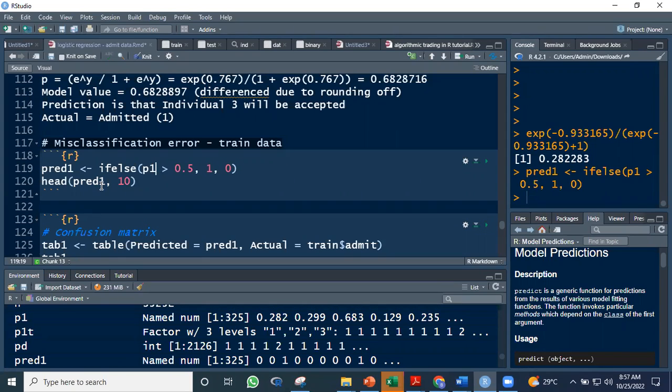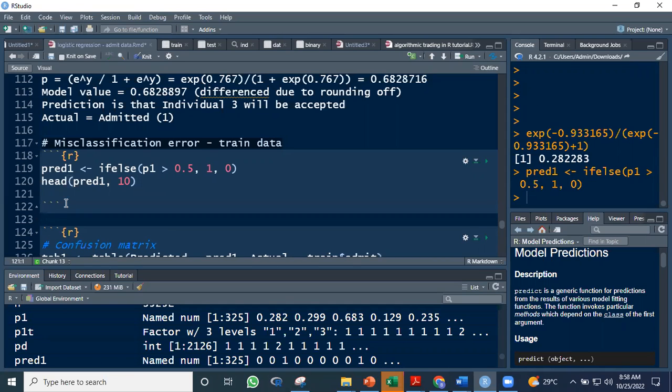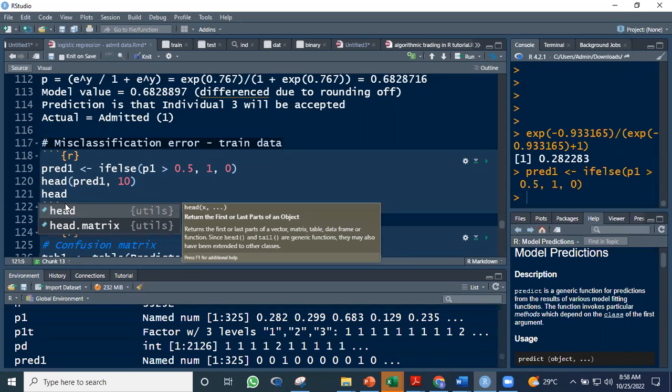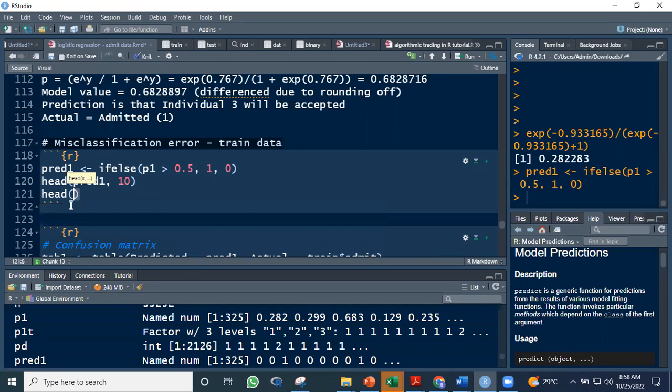And then side by side natin, tingnan natin yung, tapos lagay din natin dito yung head ng train natin.